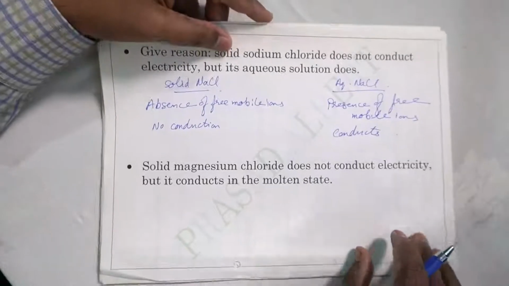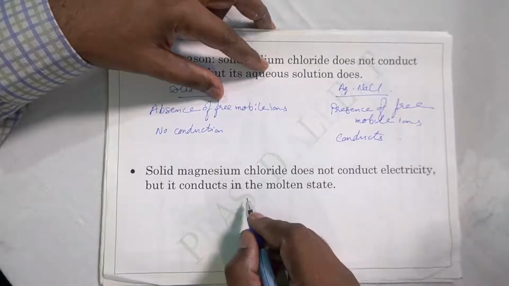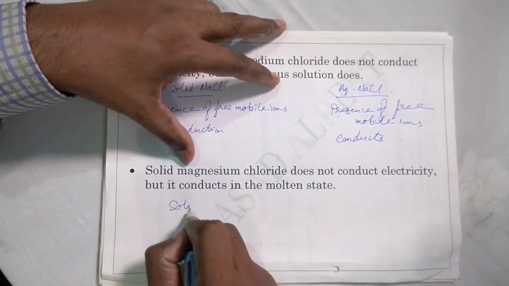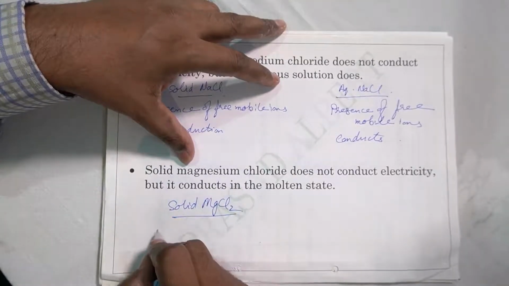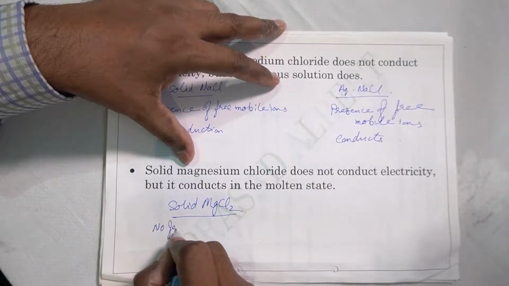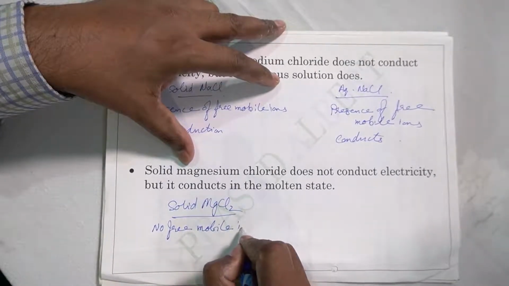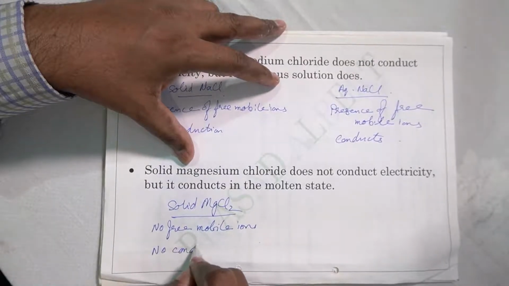Now, another question we have is, solid magnesium chloride does not conduct electricity, but it conducts in the molten state. Solid magnesium chloride, solid MgCl2. Solid state means no free mobile ions. Ions are there, but not free and mobile. No free mobile ions, so no conduction.